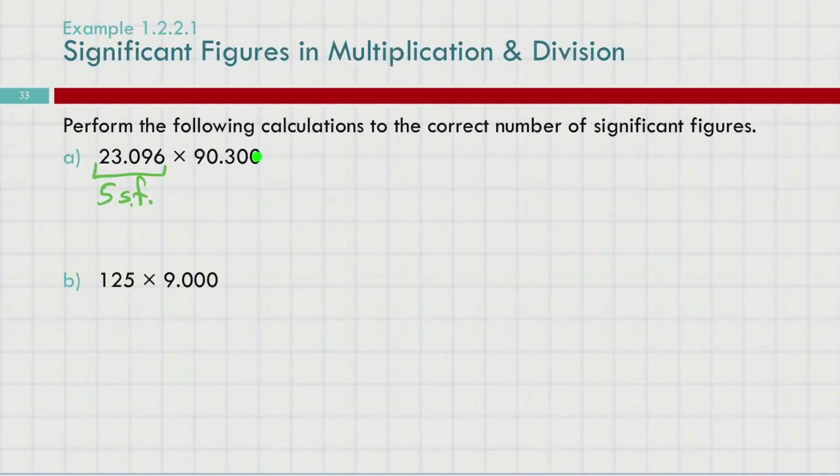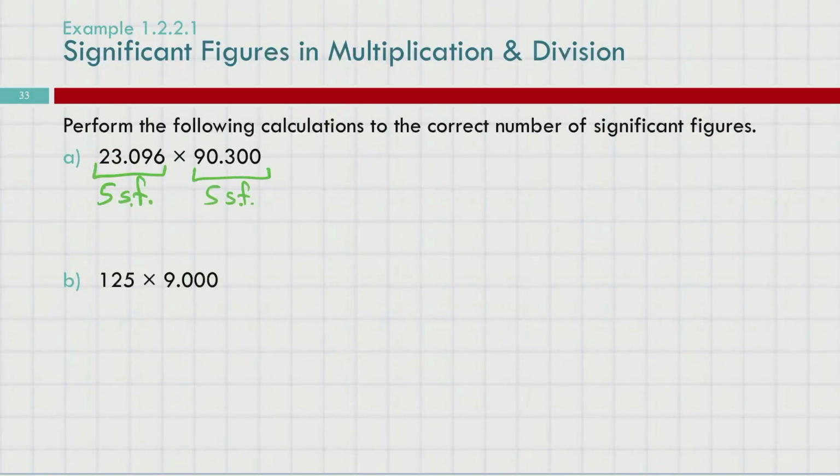And how about 90.300? Also 5. We've got 9 and 3 that are both non-zero. We have an interior 0, and we have 2 trailing zeros with the decimal place written. So these are also significant.